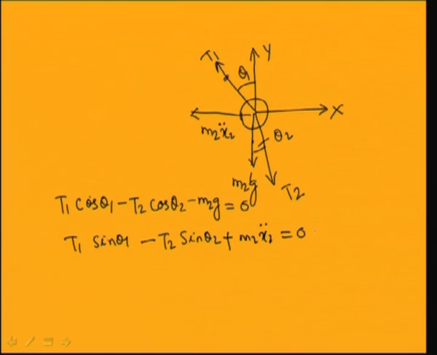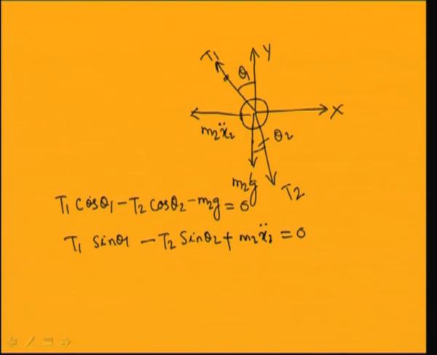If we assume some small motion, that is theta 1 and theta 2 tend to 0, or they are very small, then cos theta 1 equals 1, cos theta 2 also equals 1, sin theta 1 equals theta 1, and sin theta 2 equals theta 2.